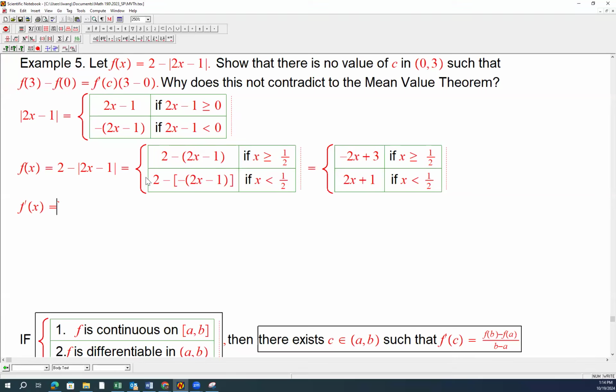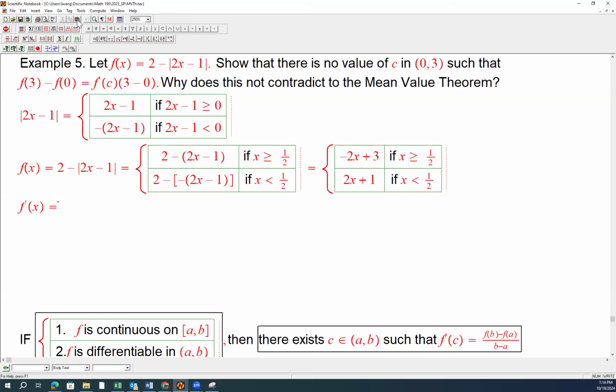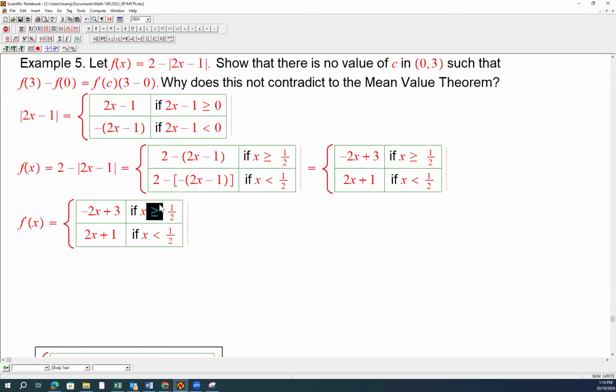On derivative taking, we're going to have just greater than half, because at half it is not differentiable. So the derivative at greater than half and the derivative at less than half give us negative 2 or positive 2, depending on whether x is larger than half or smaller than half.